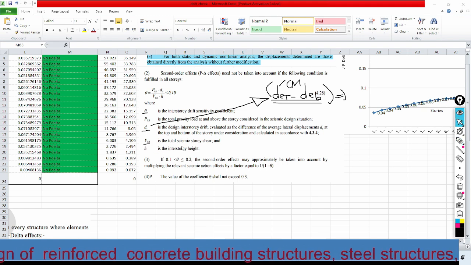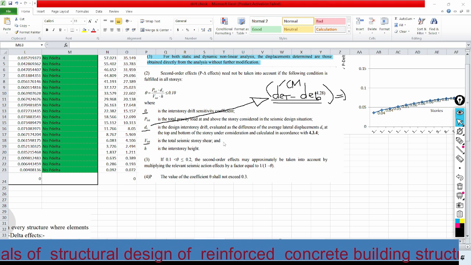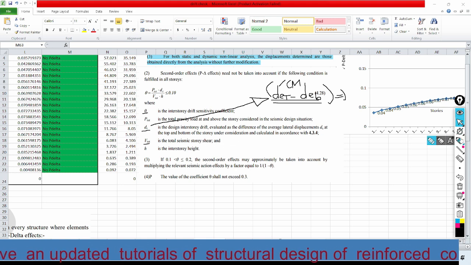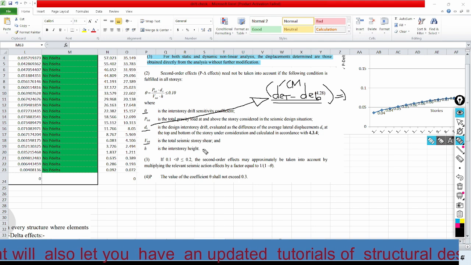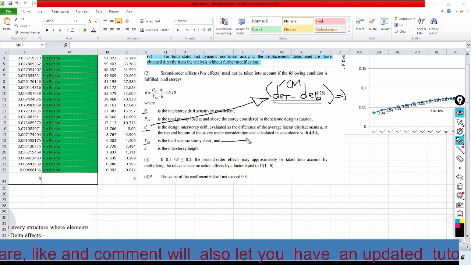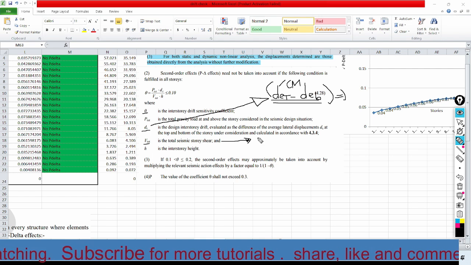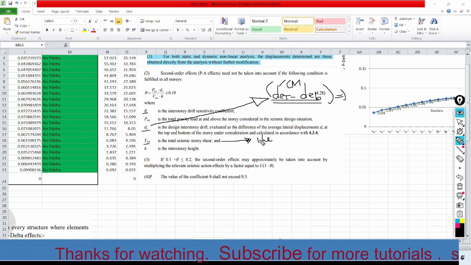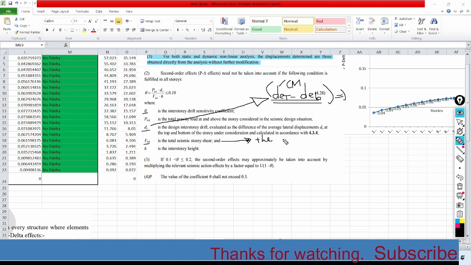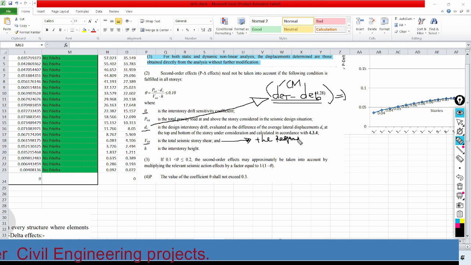And V total is the total seismic story shear, which has to be calculated based on the response spectrum.